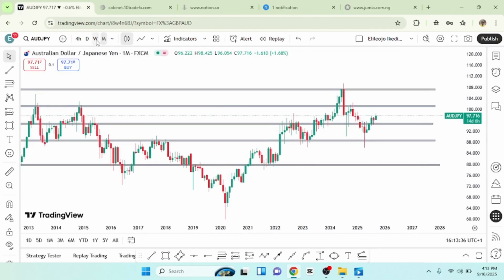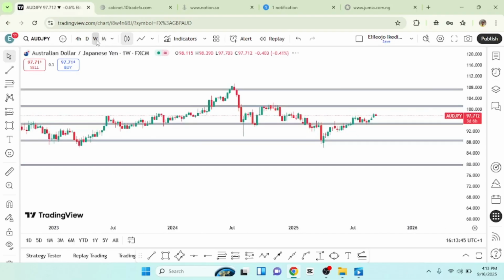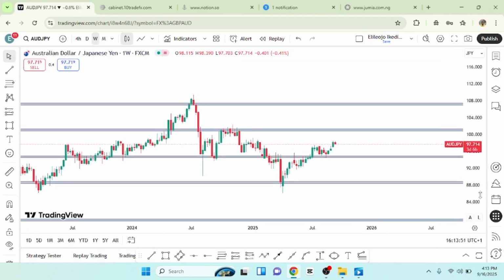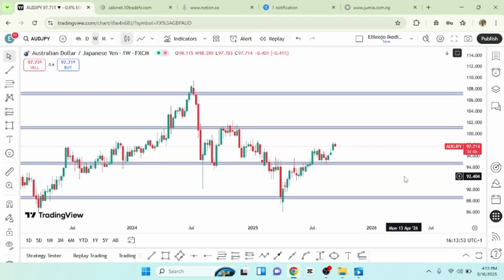Now let's scale down because, whenever you plot your levels on the monthly time frame, there might be certain levels that you will not really see on the monthly time frame, but when you scale down to the weekly time frame, that's when you now see it.